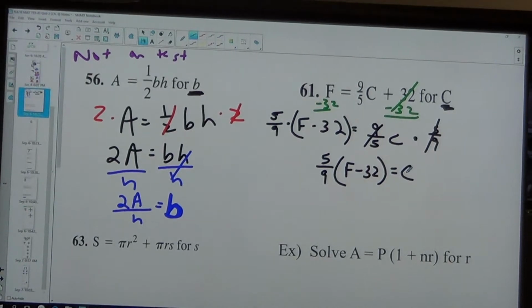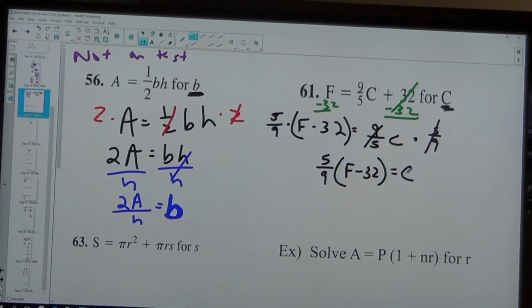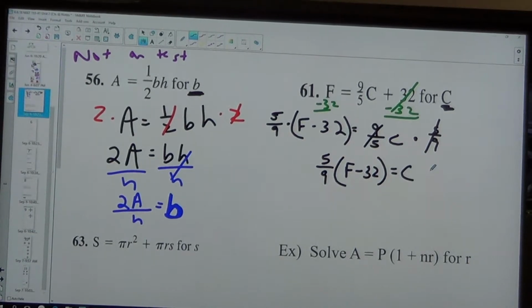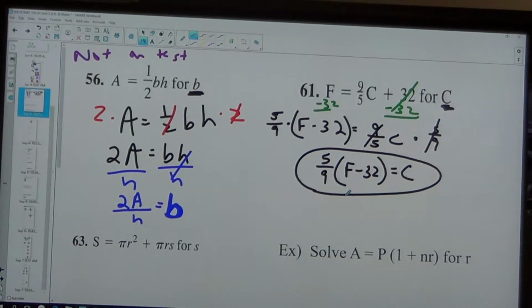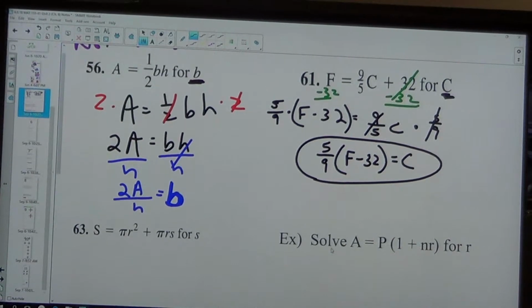Which is kind of like the distributive property. You're doing 5/9 times F and 5/9 times negative 32. And again, these are not on the test. Just get it through the homework. 5/9 parentheses F minus 32.